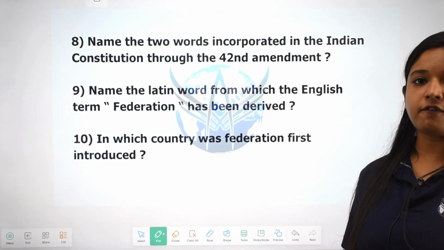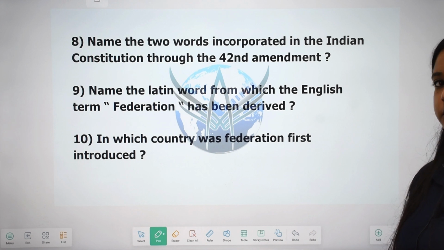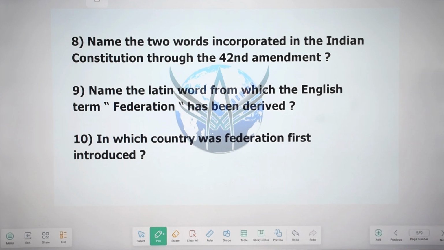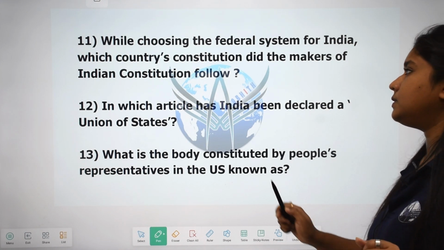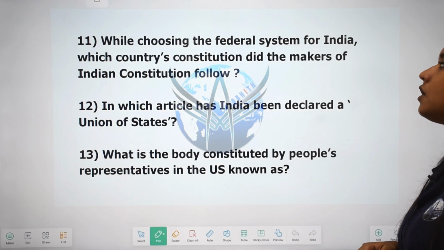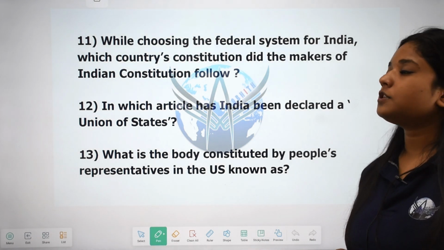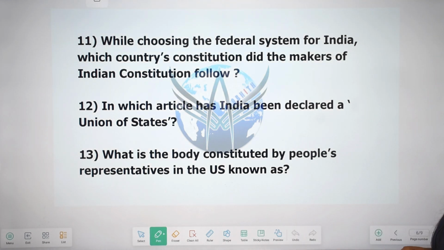The US is also called the home of federation. But the makers of the Indian Constitution did not take the idea from the US; they took it from Canada. While choosing the federal system for India, they followed the Canadian constitution. In which article has India been declared a union of states? In Article 1.